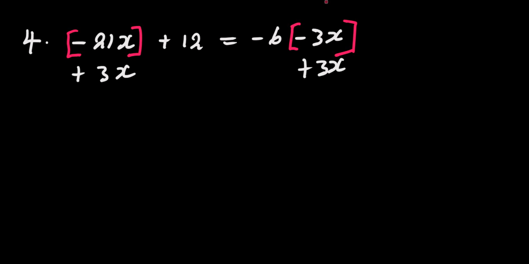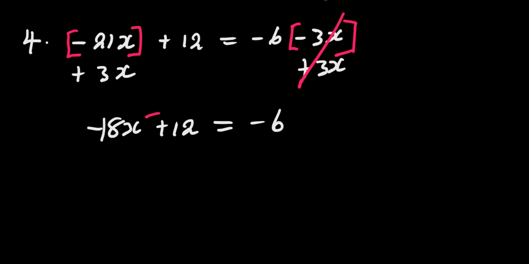So negative 3x plus 3x is 0. Just strike it from here. And now we have negative 21x plus 3x, which is negative 18x plus 12 equals negative 6.